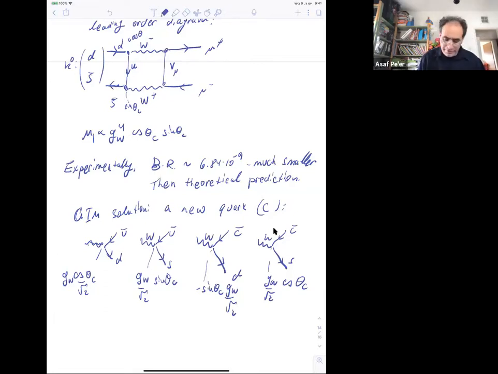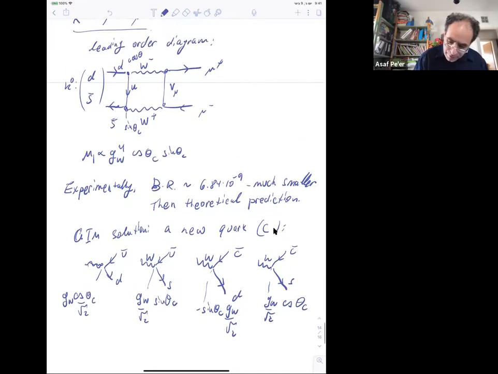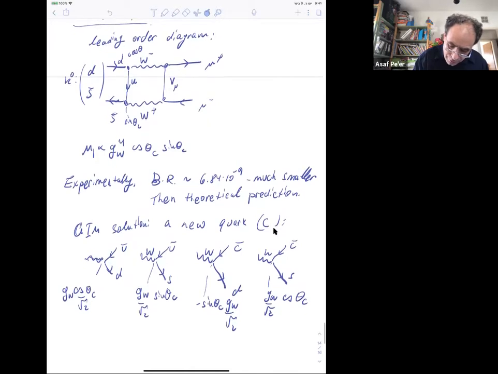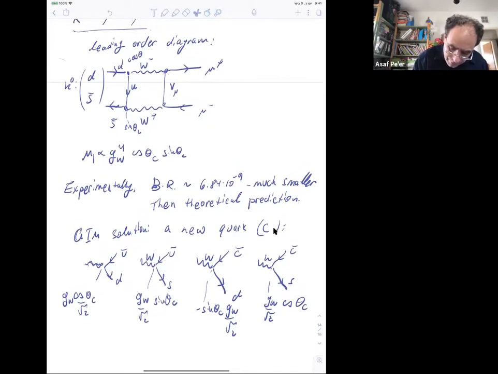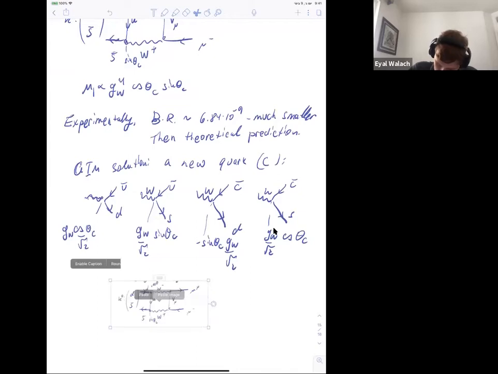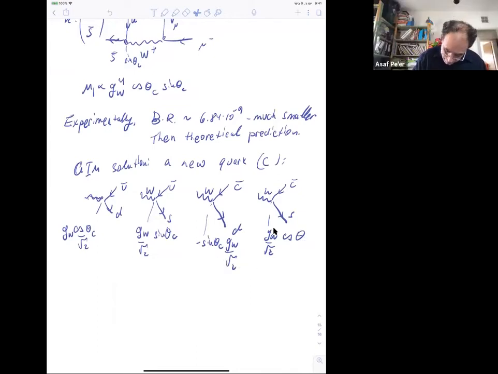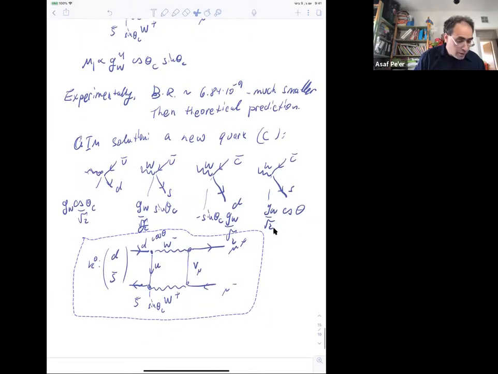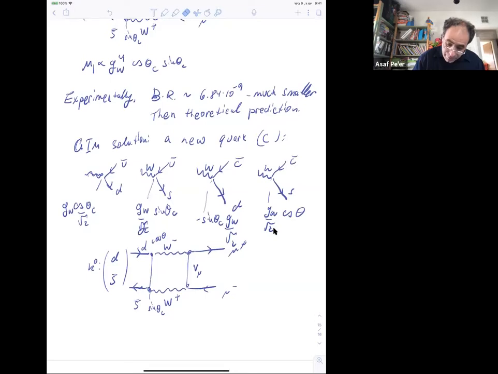So you end up having another diagram like that, but rather than the up, we have here the C, with a minus sine theta Cabibbo and a cosine theta Cabibbo.